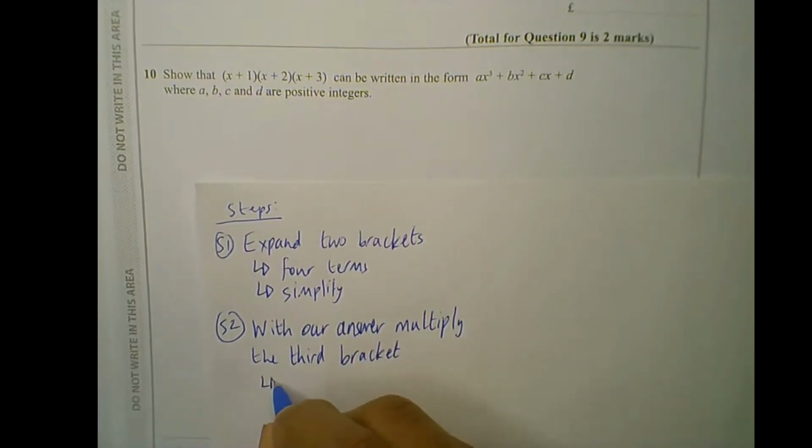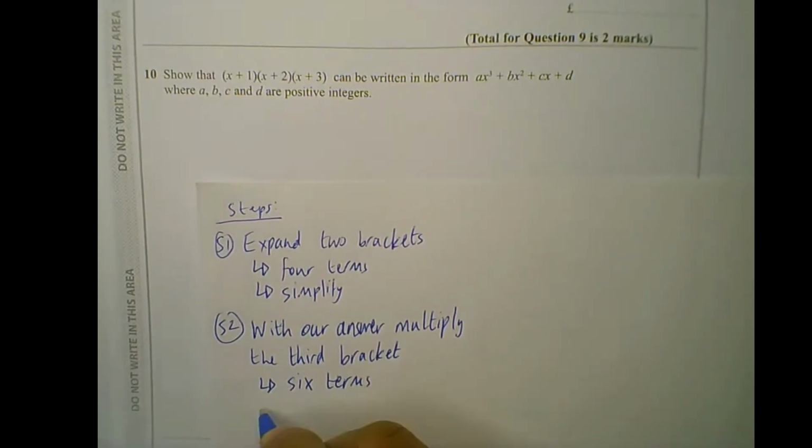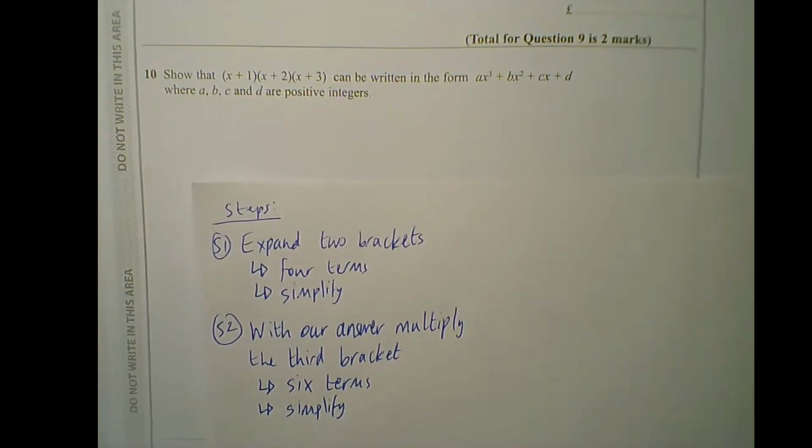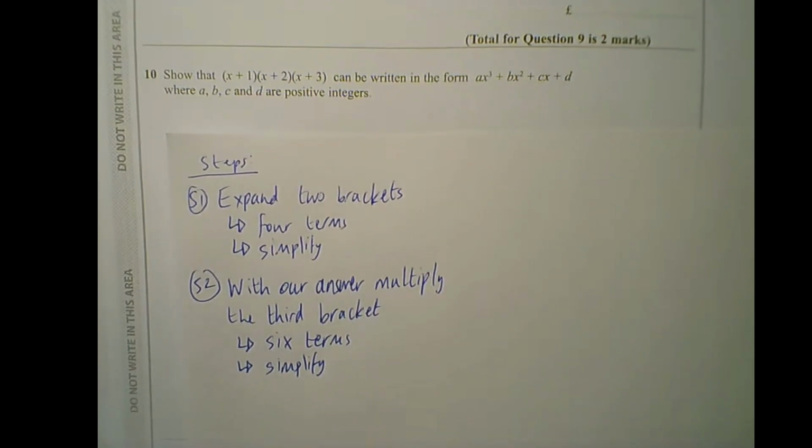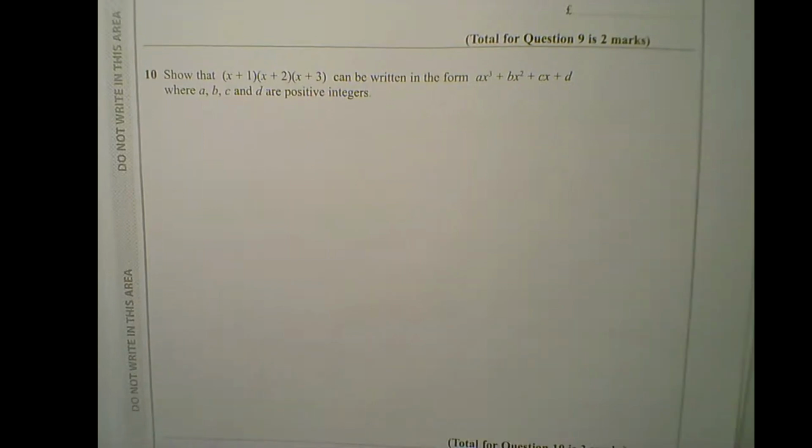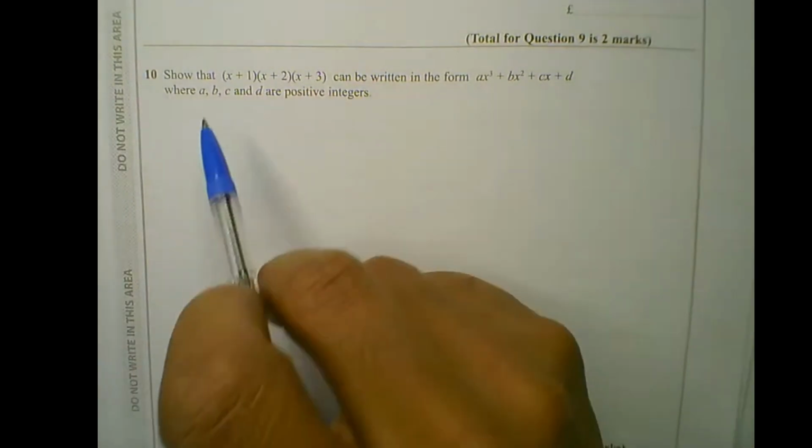And we will get 6 terms. And then we simplify them. Okay, so those are our steps. Now, you can use many methods. The method I'm going to be using is the grid method or the box method, because that makes it much easier for you to get method marks in case you make mistakes.